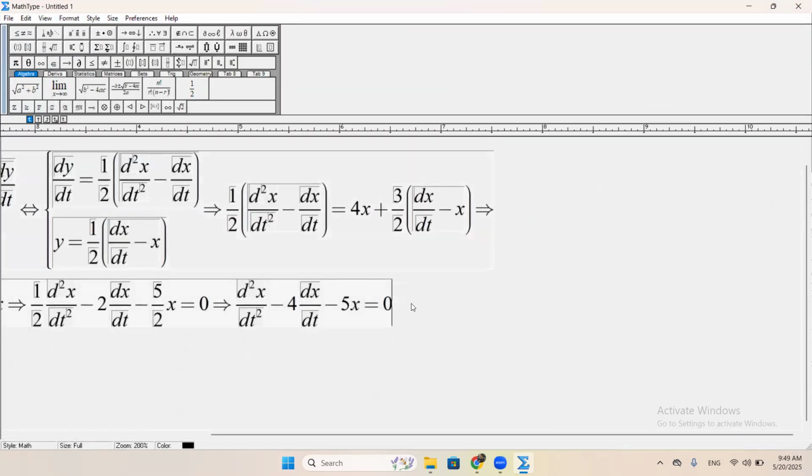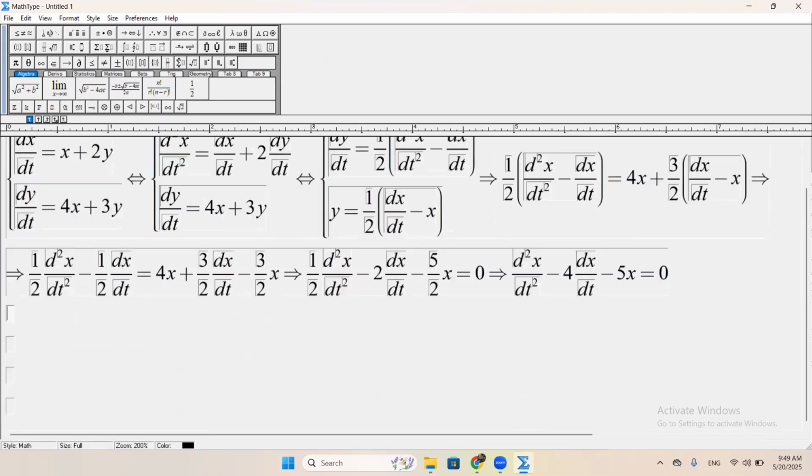So let us solve this equation. The characteristic equation is the following: k square minus 4k minus 5 equals 0.